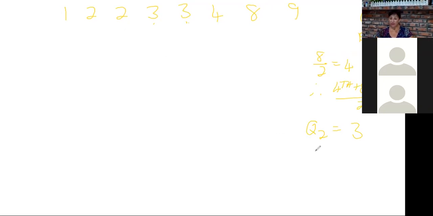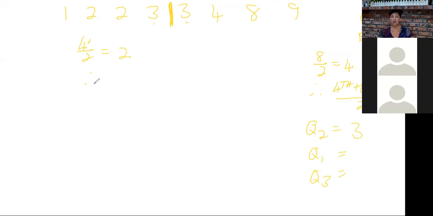Q1 and Q3, lower quartile and upper quartile. Now, if it's an even number, you do not discard anything. There wasn't one left in the middle, so you literally just split it in 2 and find the middle of each half. So what do you do if it's even? You take the 4 and halve it.